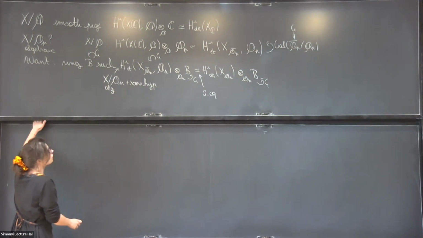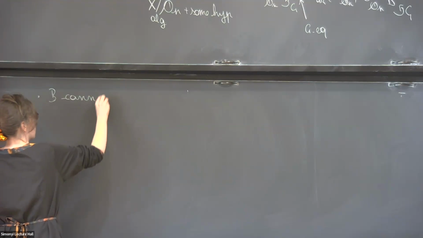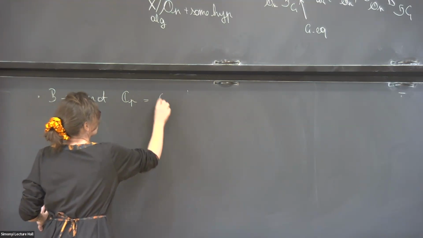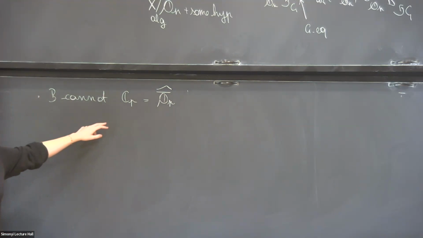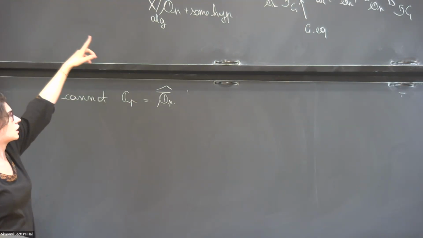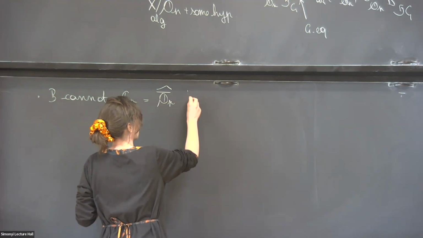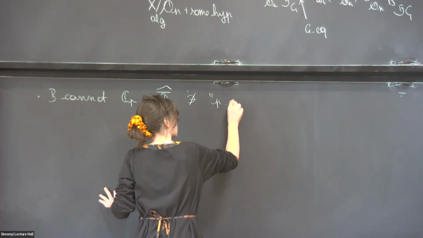Okay, so the first thing is that B cannot be C_p. C_p is the completion of an algebraic closure of Q_p, and it is like the p-adic version of C. It is different from the Archimedean case. Here we cannot have C_p because it does not contain some p-adic version.